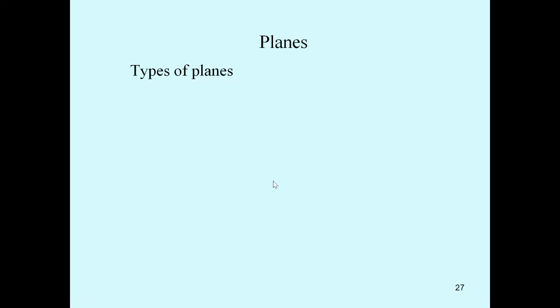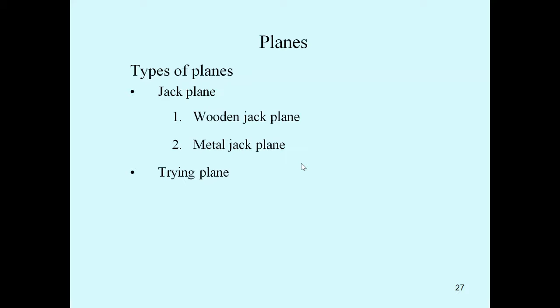Next there are the types of planes. We have different types of planes. First one is the jack plane. Under the jack plane we have two types: wooden jack plane and metal jack plane.